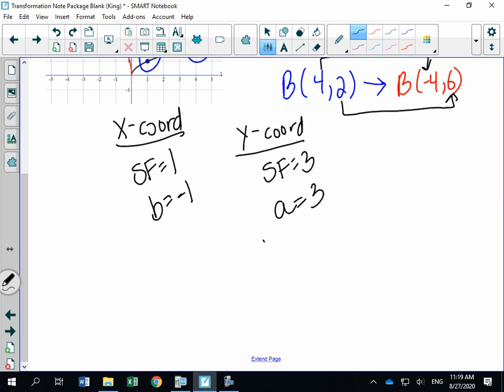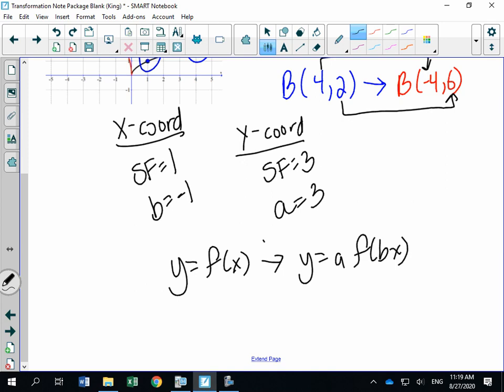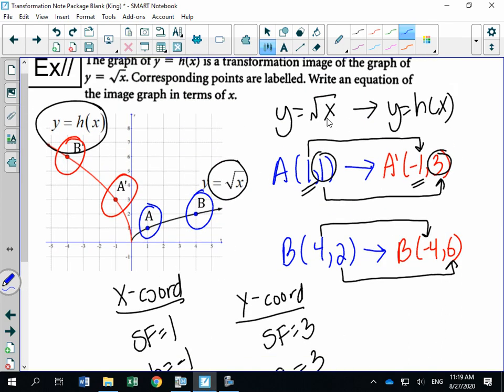Okay? So y equals f of x gets transformed to y equals a f of b x. Our a value is 3 and our b value is -1. So what they want us to do, we've got to take our original equation.